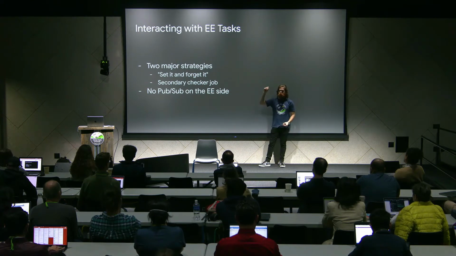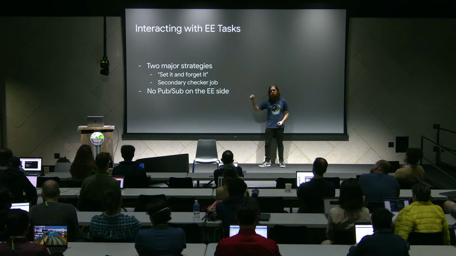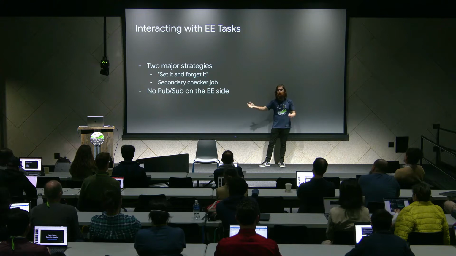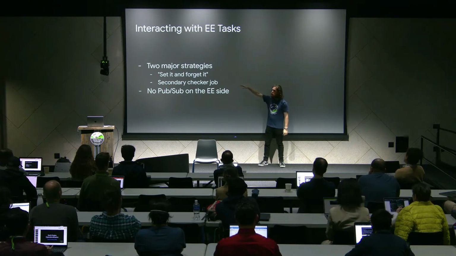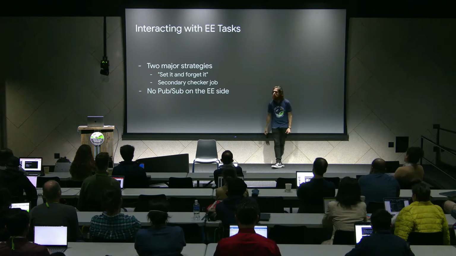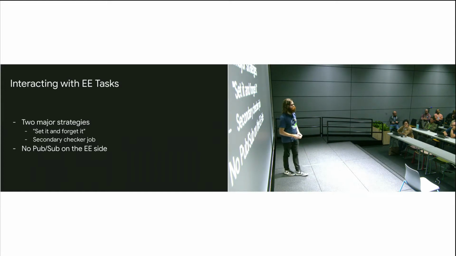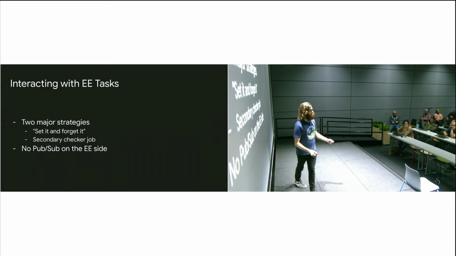Because we don't have anything that will push when a task changes state, a push that says my task has succeeded or my task has failed that I can later react to, I do one of two things. I set it and forget it. I just start the task and really hope. Or I have a secondary job, a secondary cloud function, some logging, some alerting to monitor the progress of these tasks. Okay? So we're just building pieces here, building blocks.